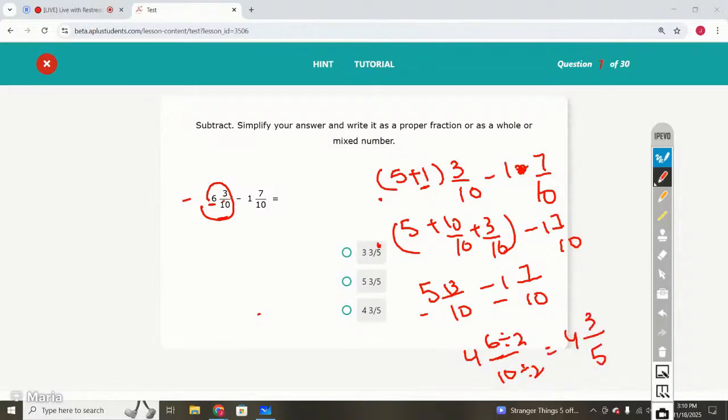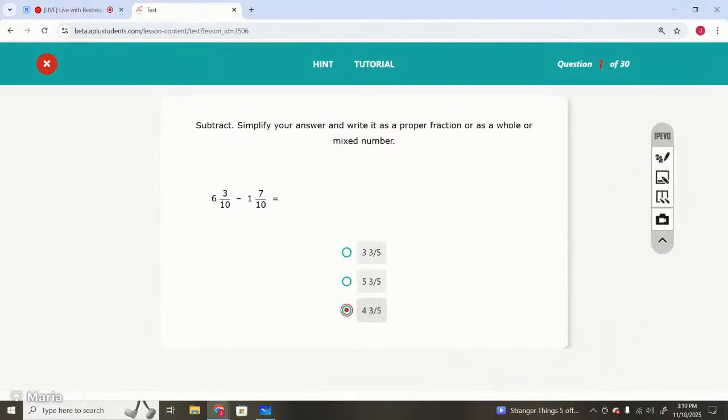That is 4 whole 3 by 5. The correct option is 4 whole 3 over 5. So option number 2 is the correct option. Very good.